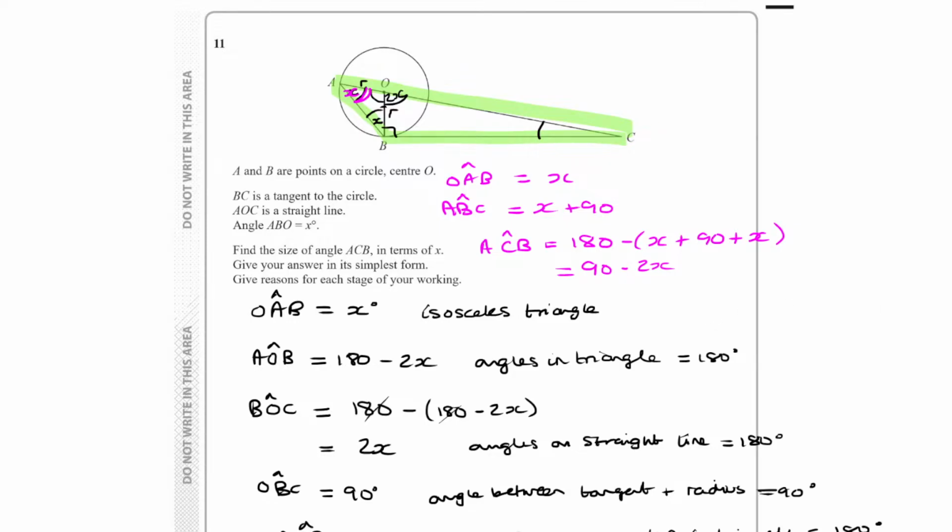And obviously then you need the reasons. So yeah, you've got 2 ways to do it there. But yeah, circle theorems is kind of a hit or miss question, I think, just generally.